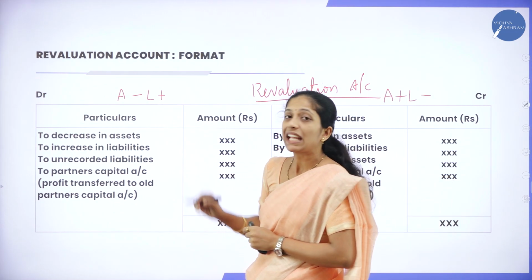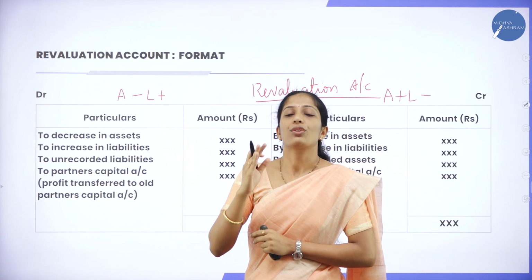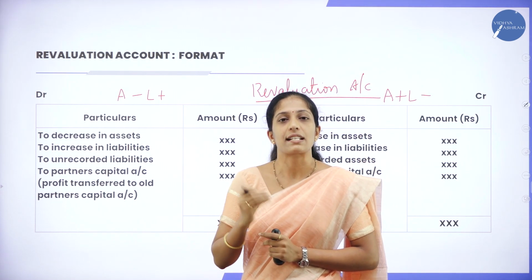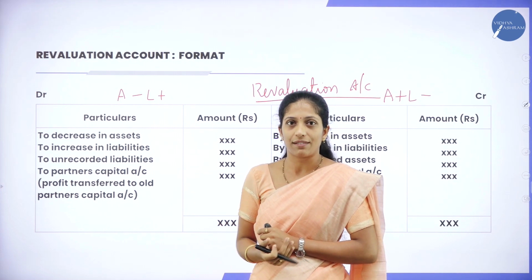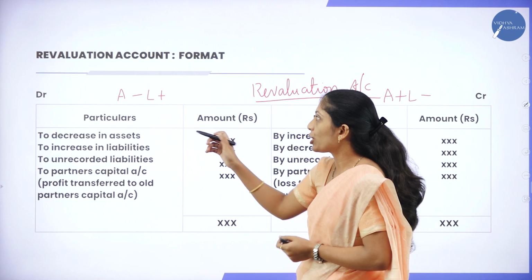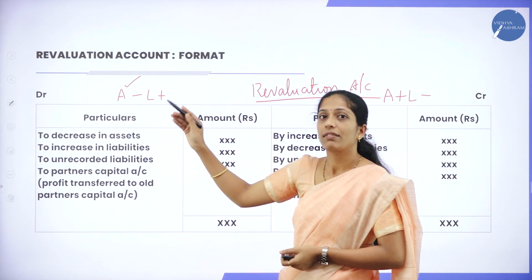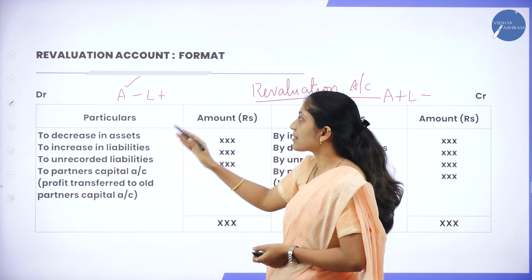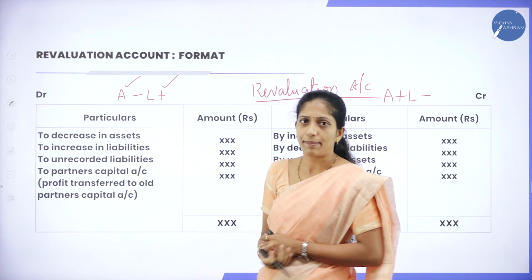Now what do you mean by A minus, L plus? As I told you, you are going to record to what extent the value of assets and liability have increased or decreased. Now what do you mean by A minus? If any assets have decreased, you will record in the debit side. In the same way, if any liability have increased, you will record in the debit side.